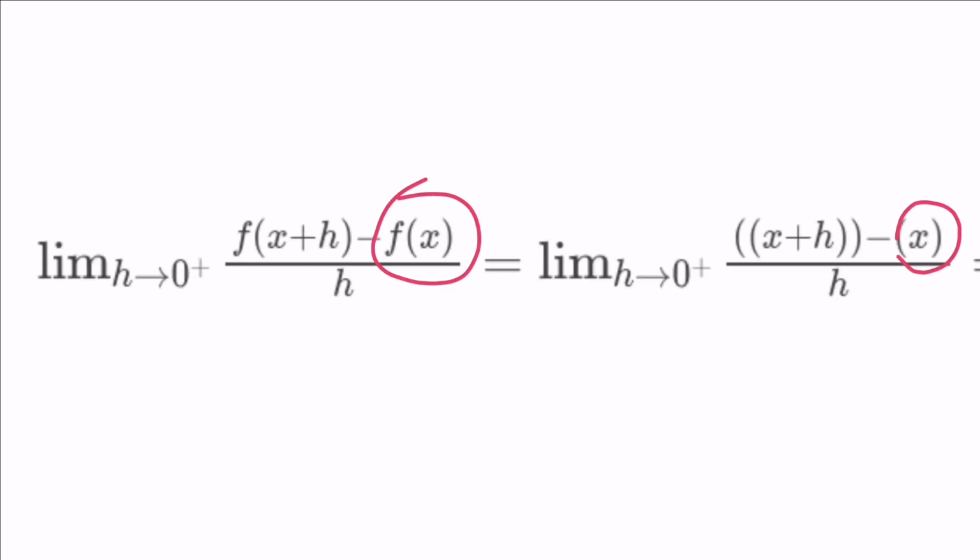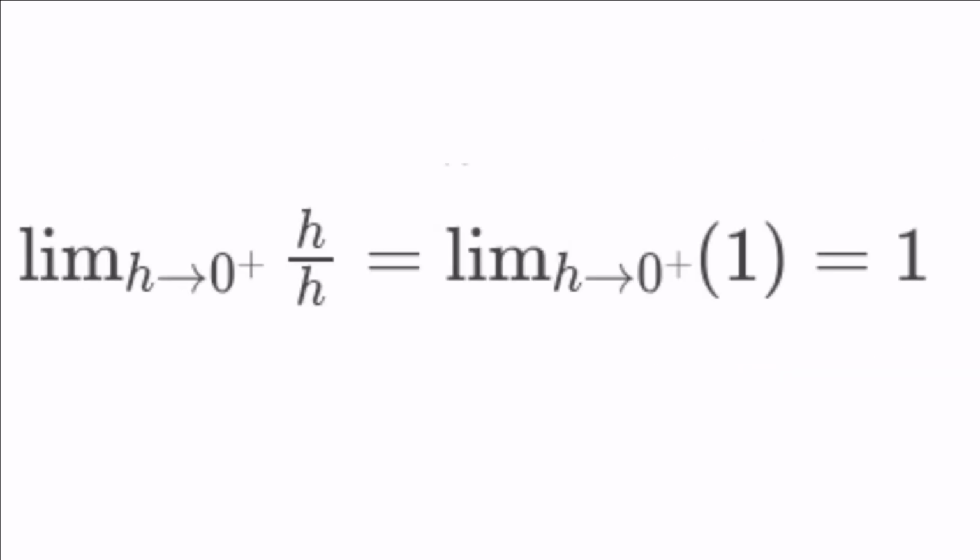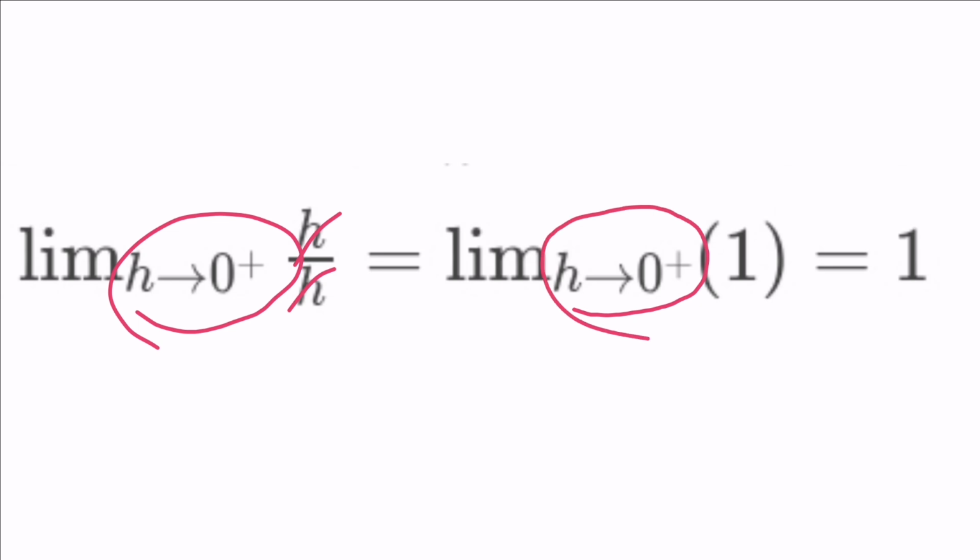Now the whole limit becomes, h cancels with h, limit h tends to 0 through the positive side of 1. This is equal to 1.